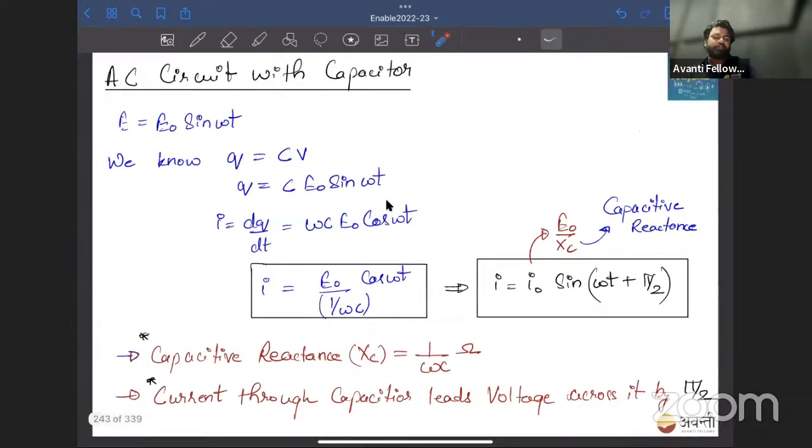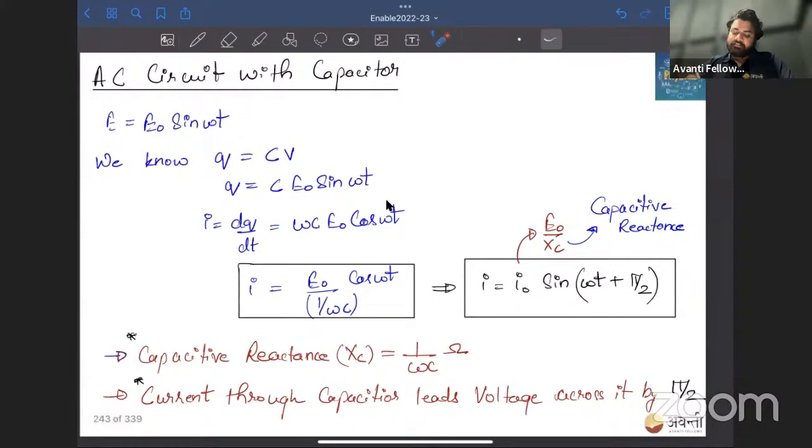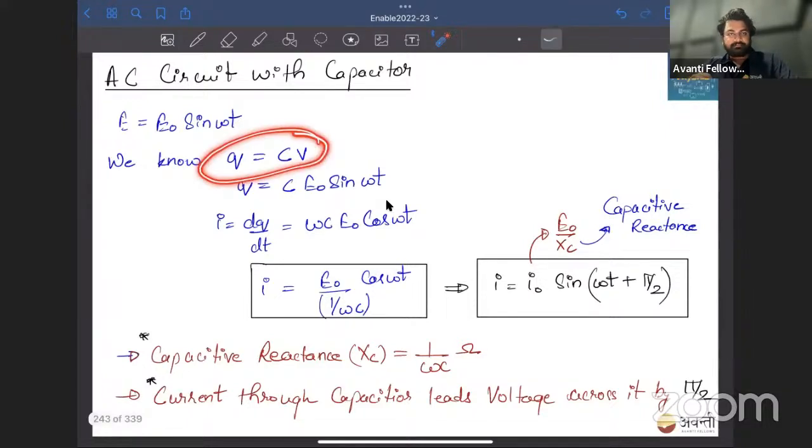So that we'll see. Look here, AC circuit with capacitor. ध्यान से देखना. This is the EMF that we applied in the circuit. For calculating current, I have used the capacitor equation Q is equal to CV. In place of voltage or EMF, I have put the value E naught sin omega t.